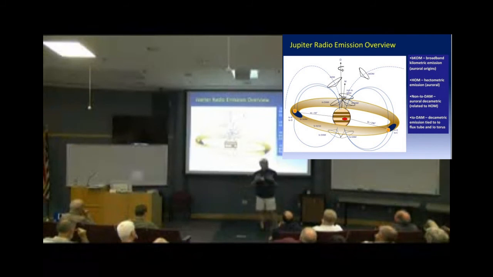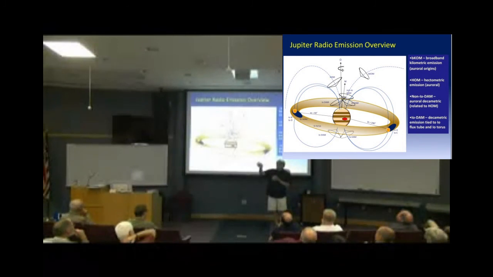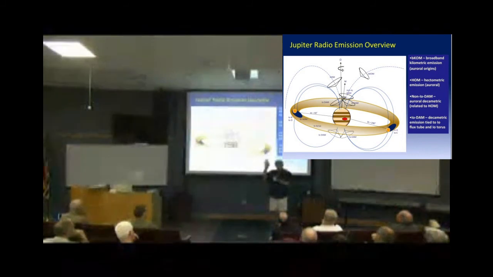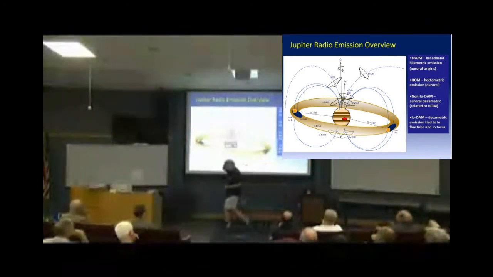In this case, it's emitting energy in the radio part of the spectrum, and it depends on the plasma conditions as well. But tied to a magnetic field line, you have this cone of emission where the radio waves are emitted. Okay?